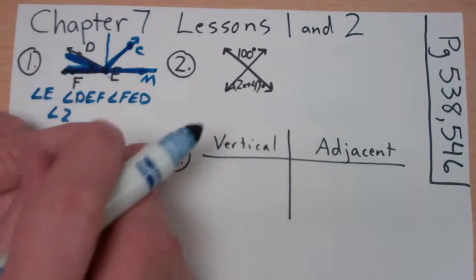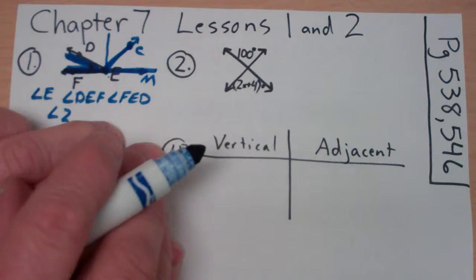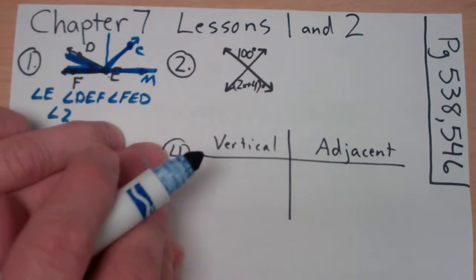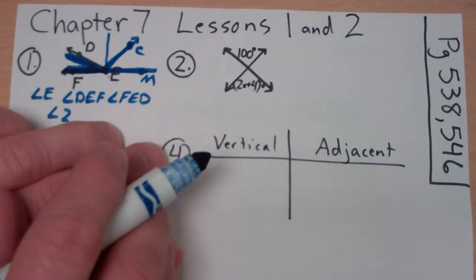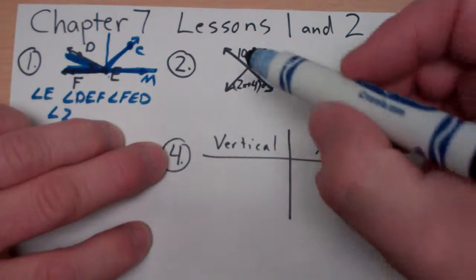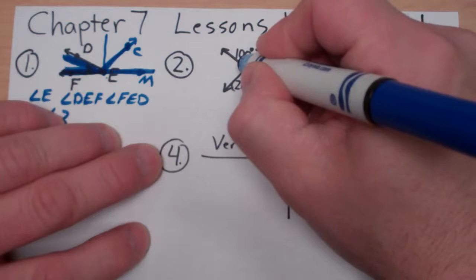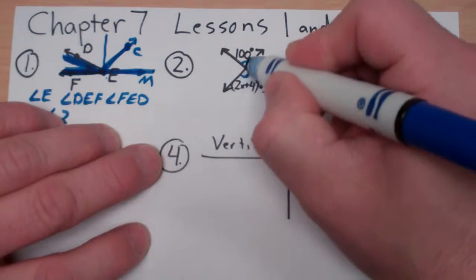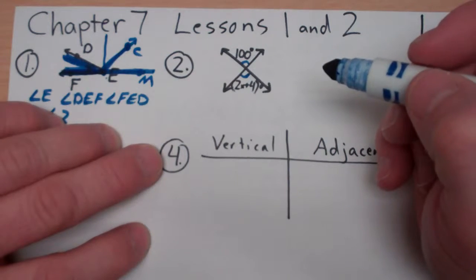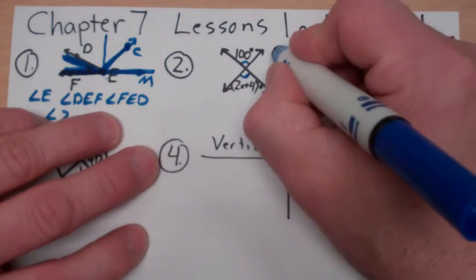All right, number 2 says, find the value of x in the figure. What do I know about those? Those two are called vertical angles. Vertical angles are when you have an intersection of lines, rays, or segments. The angles that are across from each other are called vertical angles, and vertical angles are always congruent.